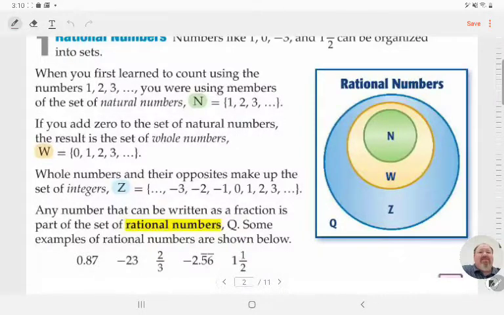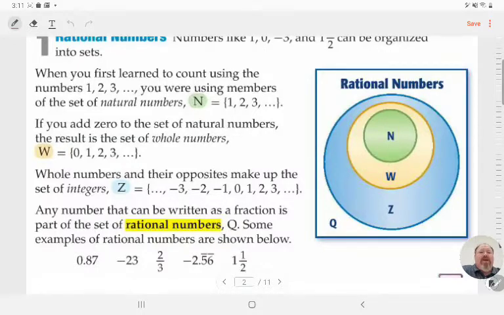When you add zero to the set of natural numbers, now you have the set of whole numbers, represented by a capital W: 0, 1, 2, 3, and so forth. And then when you add your negative numbers to that, you have integers, represented by a capital Z. So your integers are your negative whole numbers, your 0, and your counting numbers.